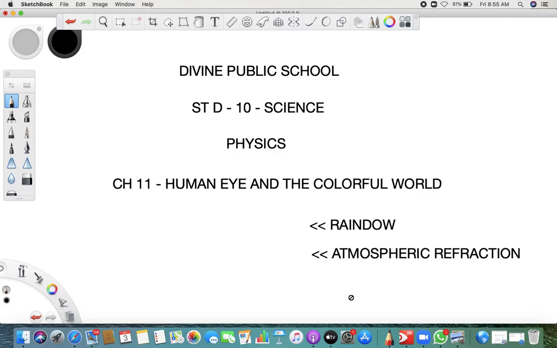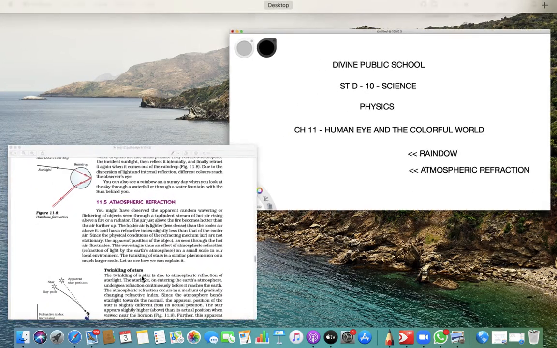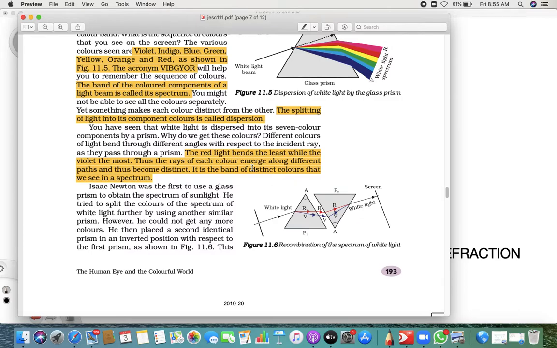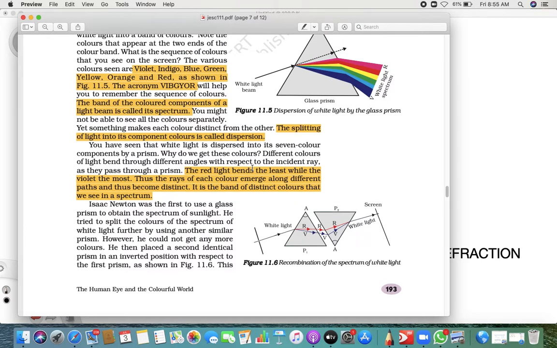Yesterday we saw how the phenomenon of dispersion of light works, how light splits into 7 constituent colors. We call this dispersion, right?